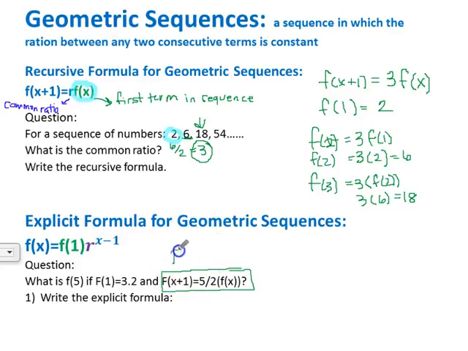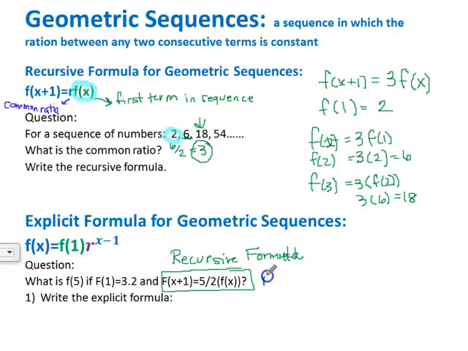So if you look right here, what are we given? We're given the recursive formula, which we used above. And we know there's some pieces that we can take from this. From the recursive formula, can you identify what the common ratio is?